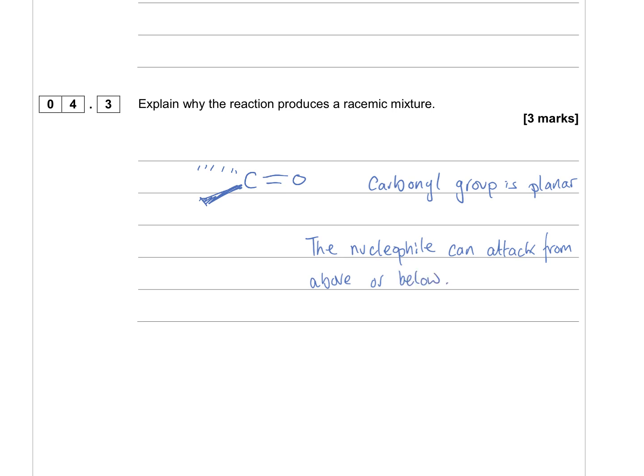So if we show this nucleophile attacking, the cyanide group can attack equally well from above the plane or from below the plane, from either side, which leads to you getting a racemic mixture, so both enantiomers, both stereoisomers, in equal amounts.